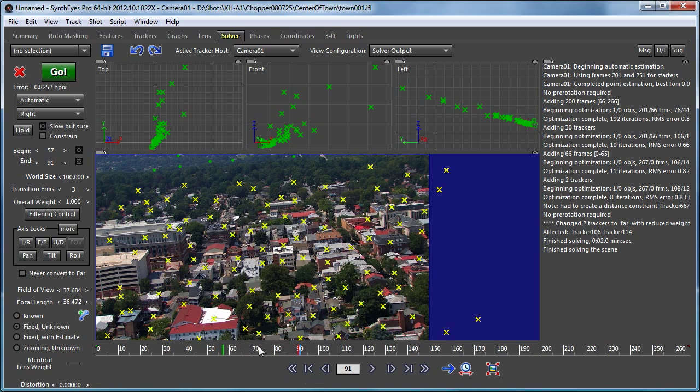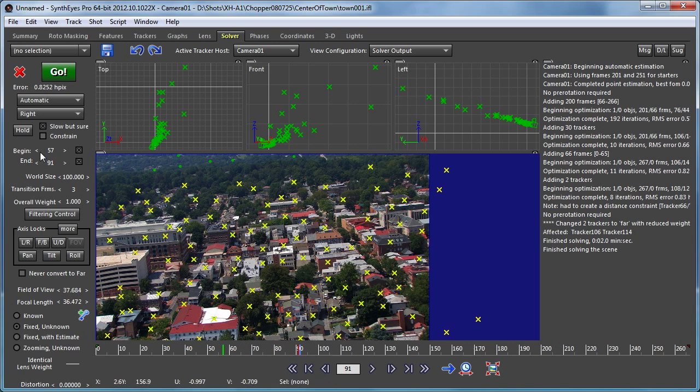And that's especially important when you have an object track, say, where part of the time the object might be moving around a lot, but isn't really spinning around enough to give you any kind of perspective shifts that can be used to get a 3D solve. So in that kind of a shot, you use the begin and end frames to pin down what's the most useful part of the shot and let SynthEyes work on that part of the shot.